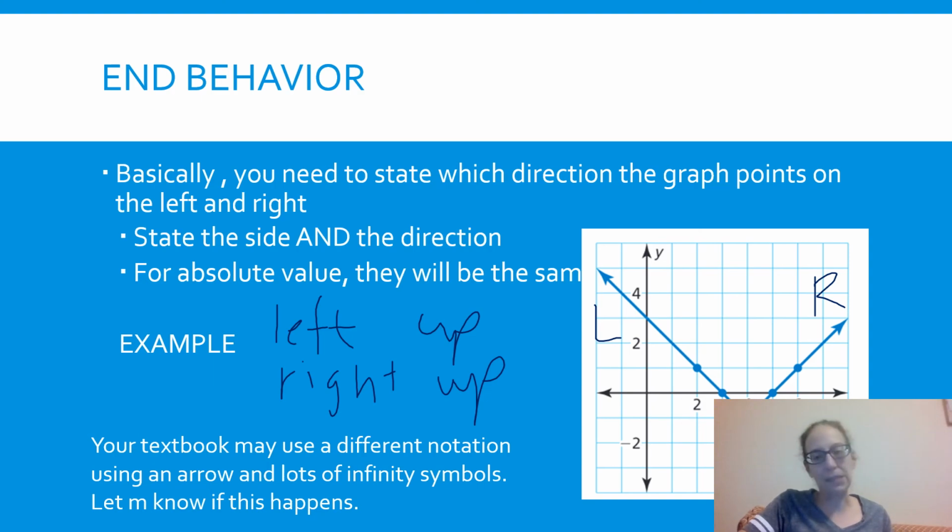Don't copy stuff off of the internet or an app or anything, just because you want to take a shortcut. If you don't know what it means, tell me that you don't know what it means. I know that there's another notation out there. I'm totally okay with this. I know the other algebra teachers are totally okay with this, and we'll take it from when we know a little bit more about your final.